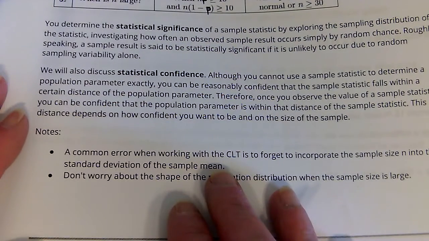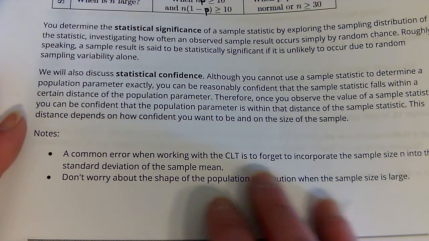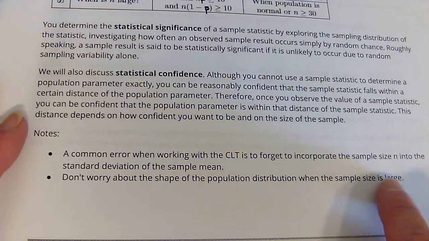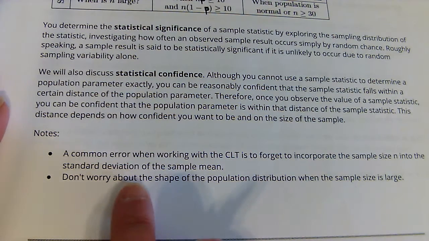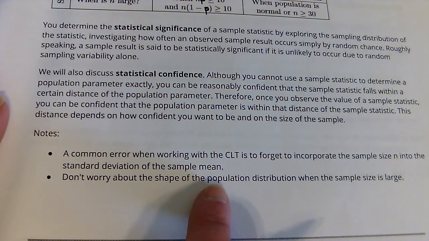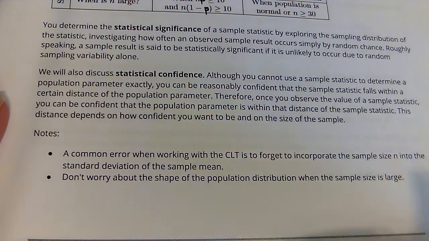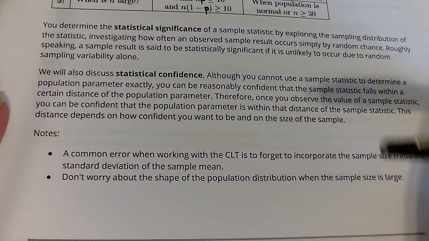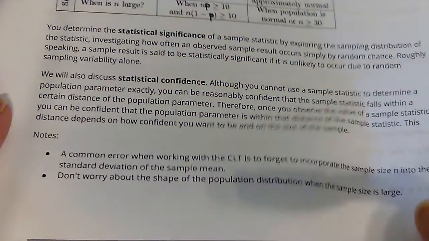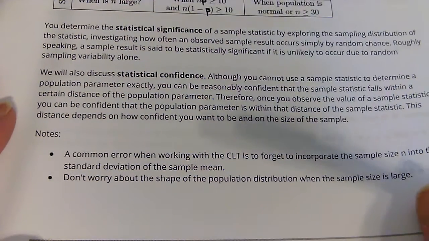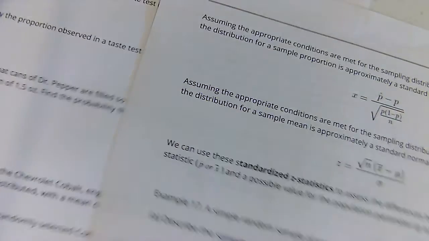Now, a common error when working with the central limit theorem is to forget to incorporate the sample size into the standard deviation of the sample mean. Don't worry about the shape of the population distribution when the sample size is large. Because remember, if it's over 30, then you don't have to worry about anything. Okay.